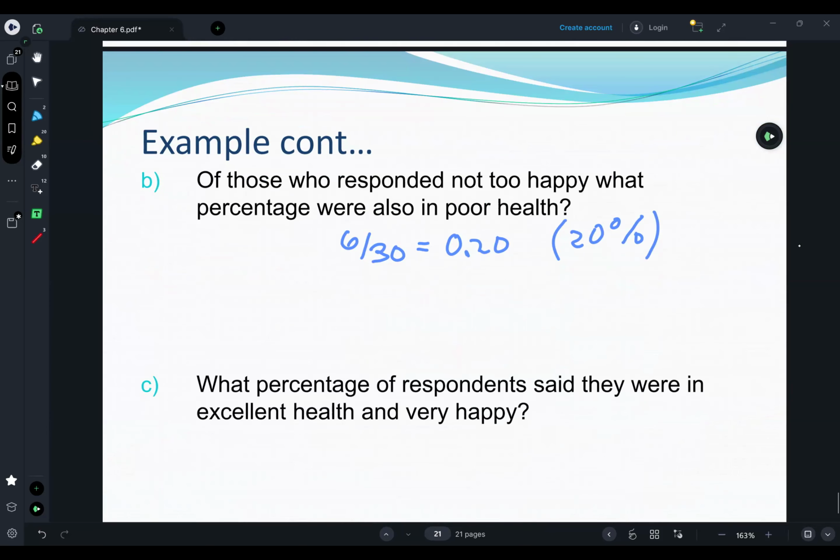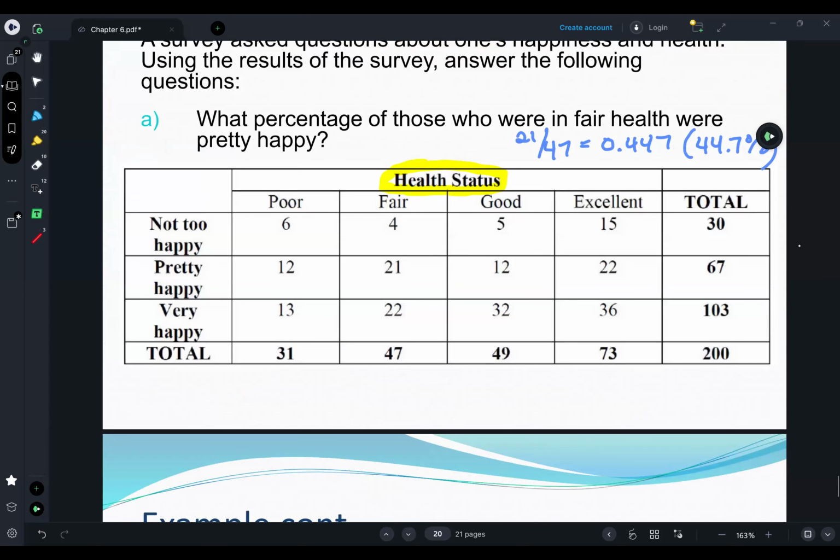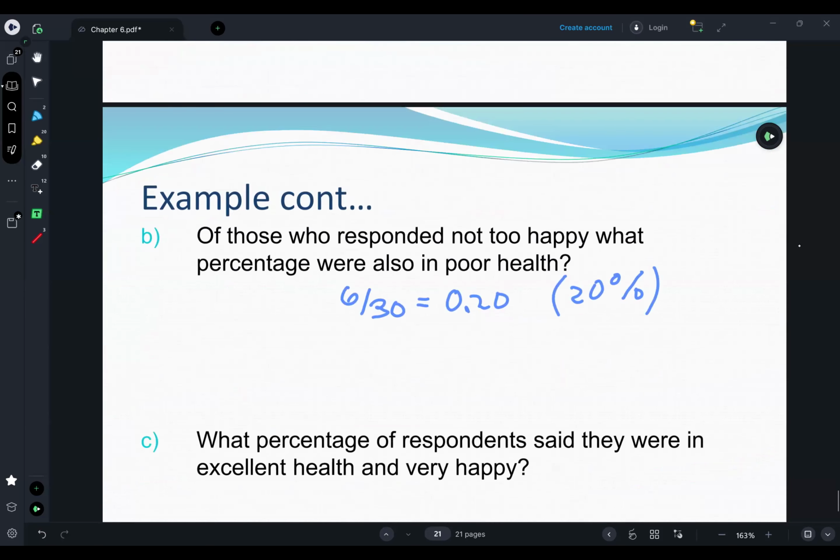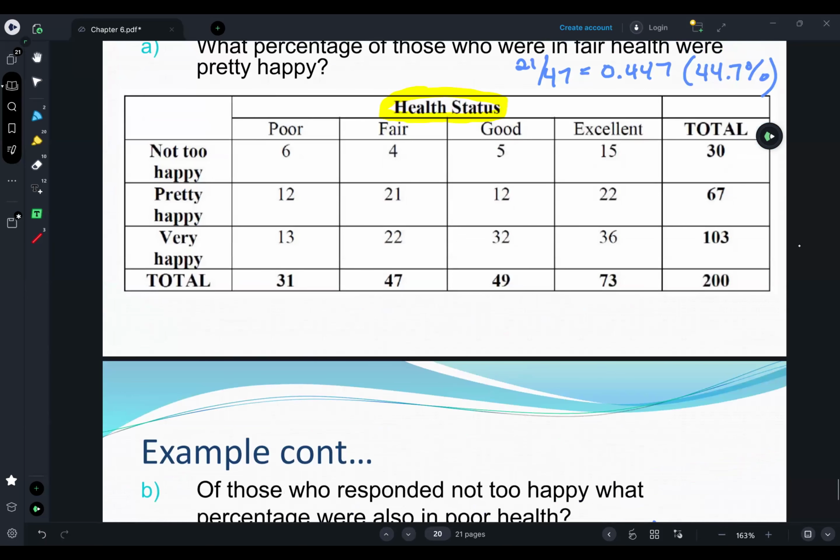What would I put in the numerator? If I did 73, that would be including the not too happy. So what did they say? Excellent health.